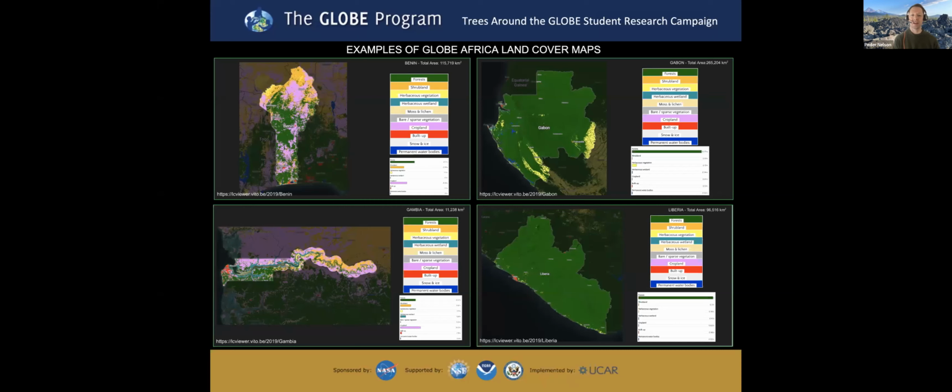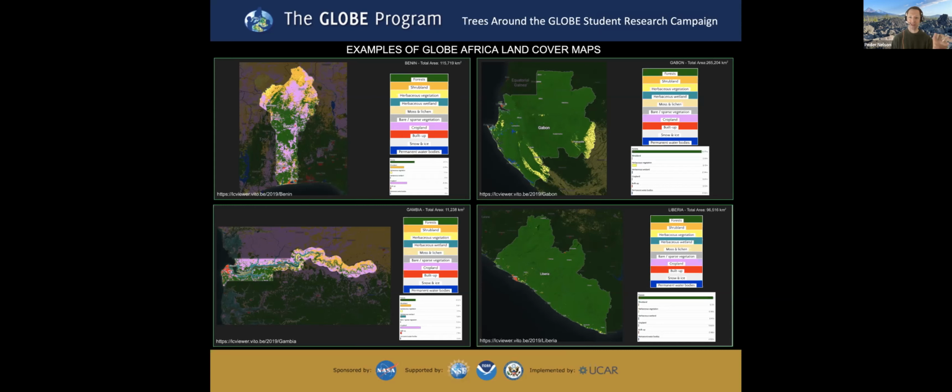One is that how trees are arranged on the landscape is very different. And what we see when we look at the map in Benin, for instance, in the upper left, is areas where there are sometimes green areas that are big patches. And then there are some other purple colors, yellow colors, other colors around like that.